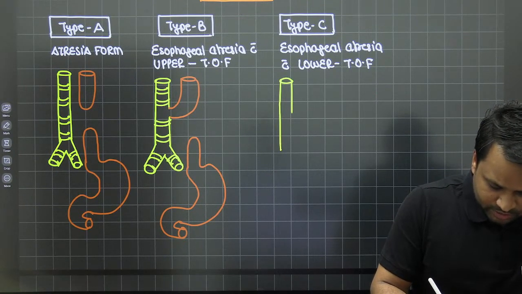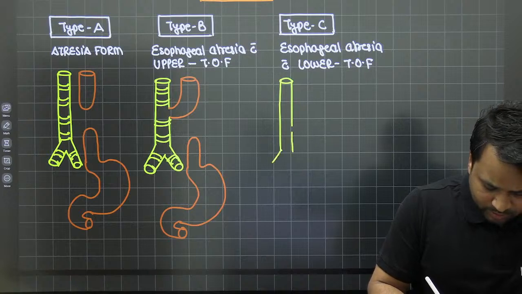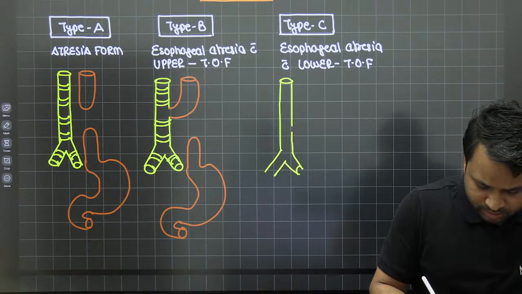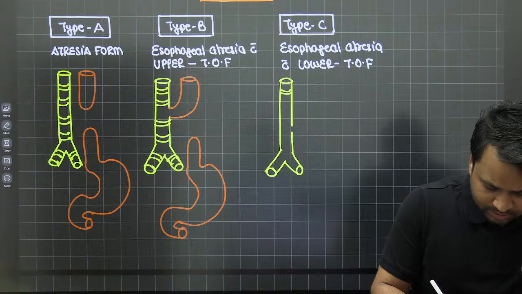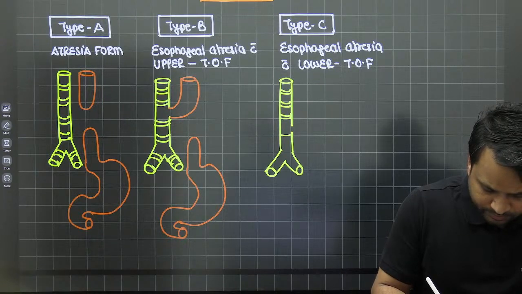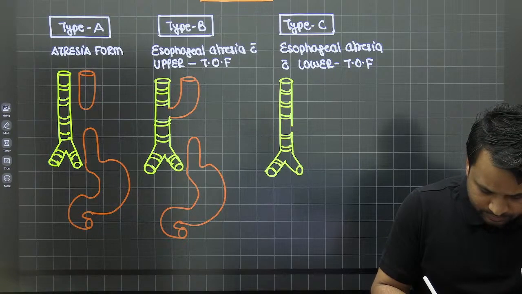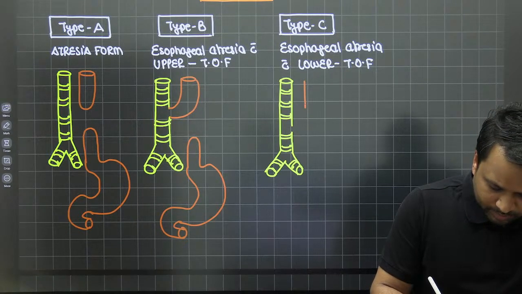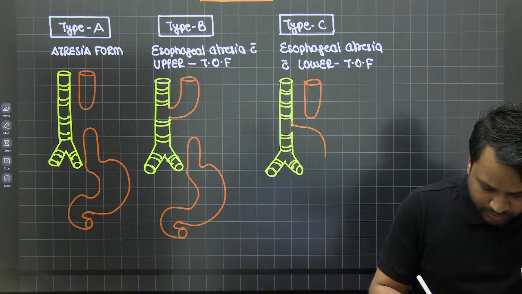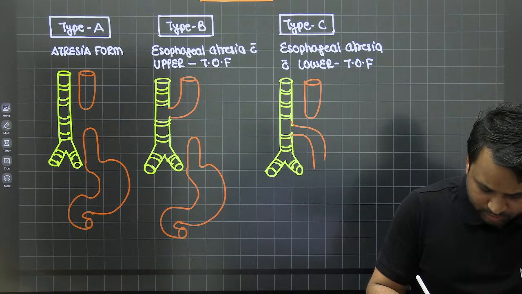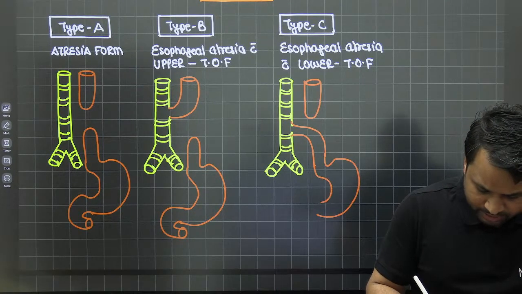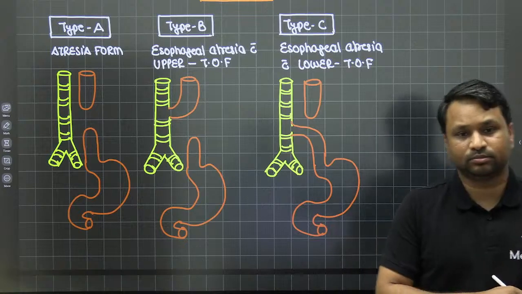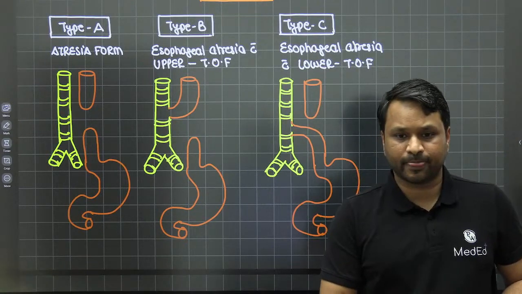This time, the trachea is fine, this is the tracheal bifurcation that you have. These are the tracheal rings. You will notice that the upper esophageal segment will have atresia. The lower one is going to have a communicating channel, and this is how your stomach is going to go across.